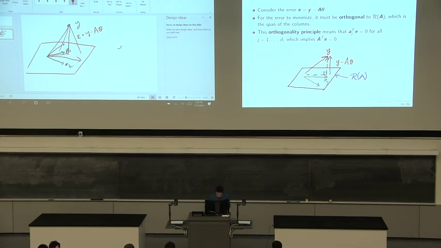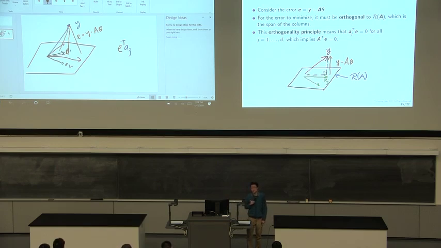Well, I have a vector E, and I know that all the vectors in this plane are linear combinations of A1, A2, A3, and A4, and so on. So I can do an inner product of E transpose with your Aj. What will happen?